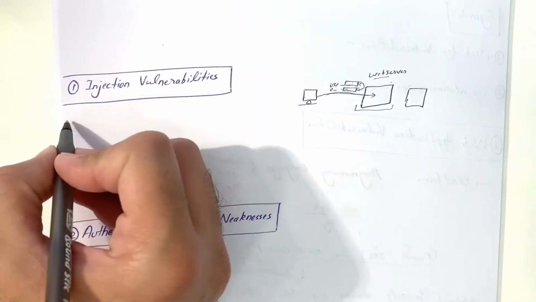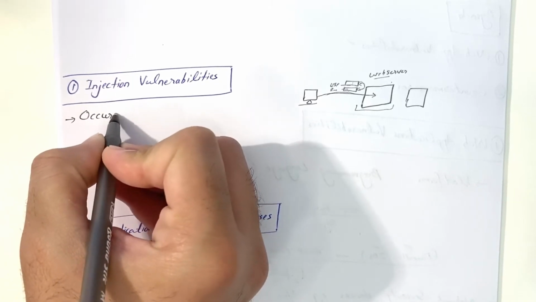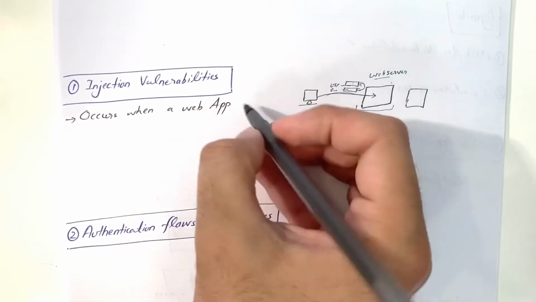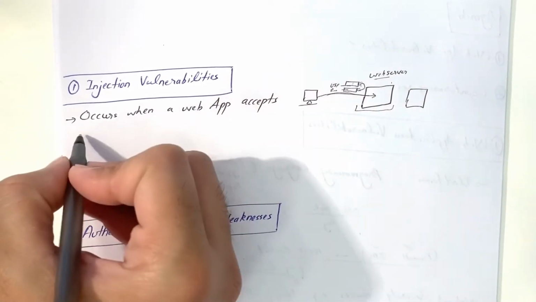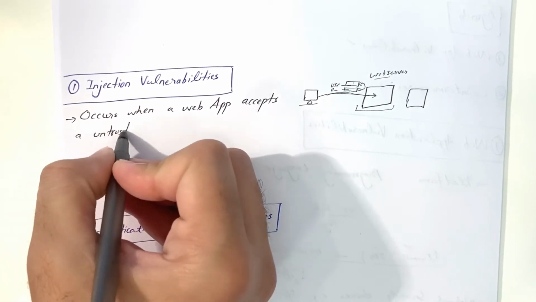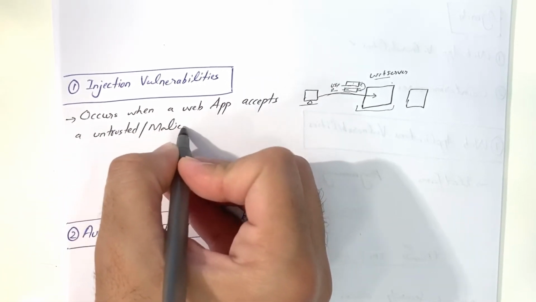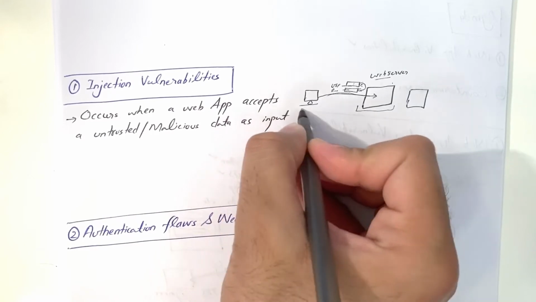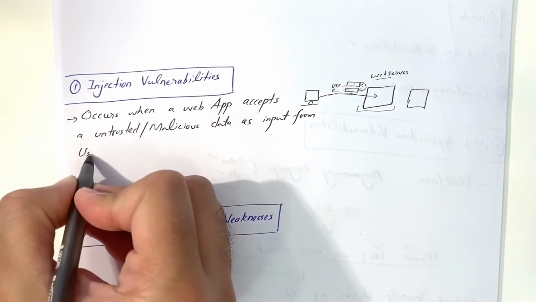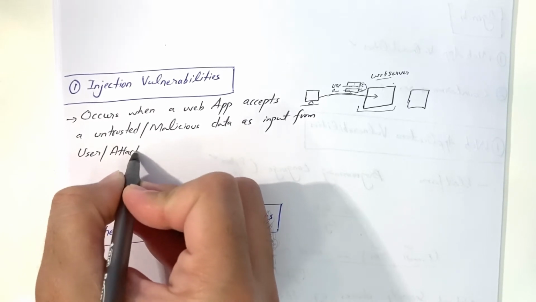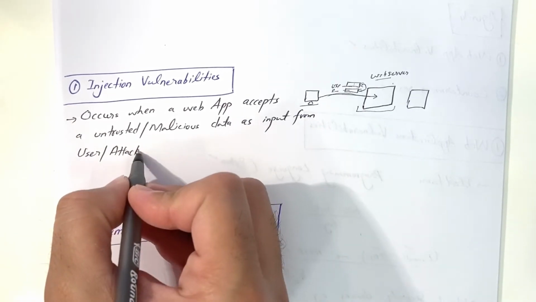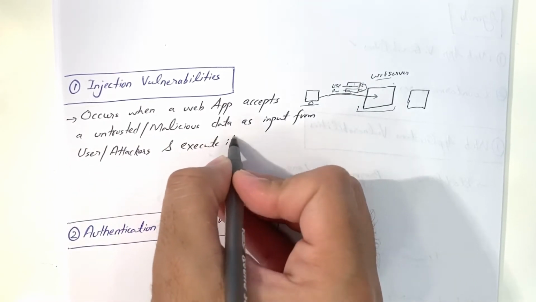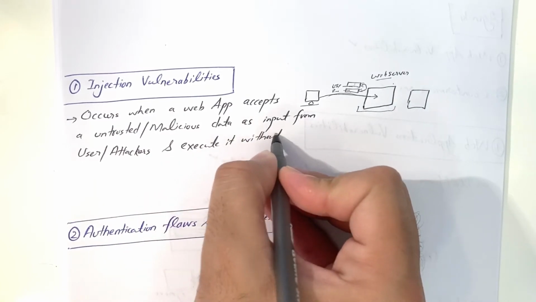So injection vulnerabilities are basically vulnerabilities that occur when a web application accepts untrusted or malicious data as input from users, or you can say attackers, and executes it without validation.